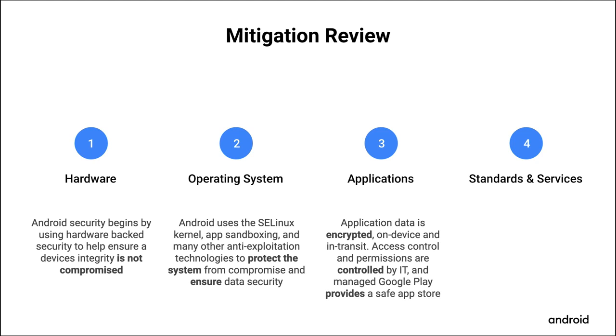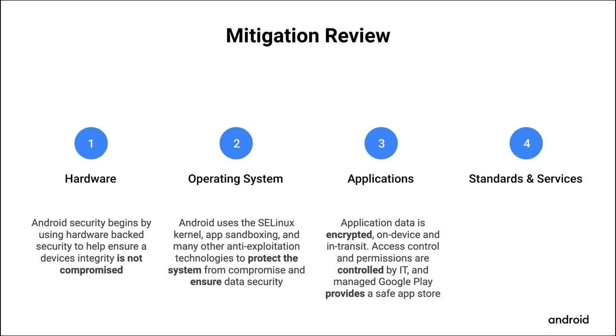In the application realm, controlling how applications get on a device protects the operating system, because then a piece of malware and application doesn't even have the ability to get onto the device. So if you limit the access of how applications get onto a managed device through managed Google Play, you have a strong assurance that malware and bad apps and exploits won't get on your device to begin with.